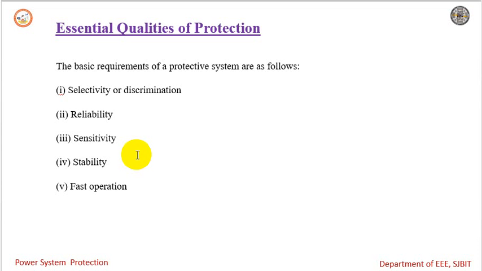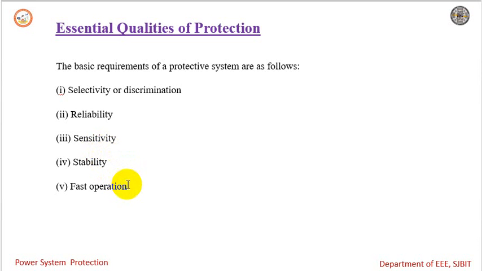The power system should maintain its stability, that is, the ability of the power system to remain in synchronism after the occurrence of any fault. If a huge fault occurs on the power system, the faulty part should be immediately isolated from the healthy part, thereby maintaining the stability of the power system.